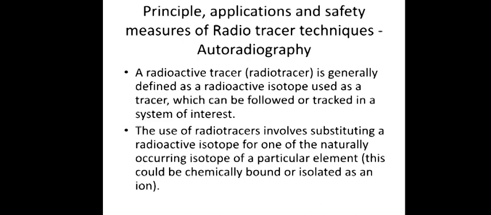That is one thing. Next, you can distribute these radioactive isotopes in the system where you want to analyze certain things. You can identify their position. You can also quantify them in any given sample.